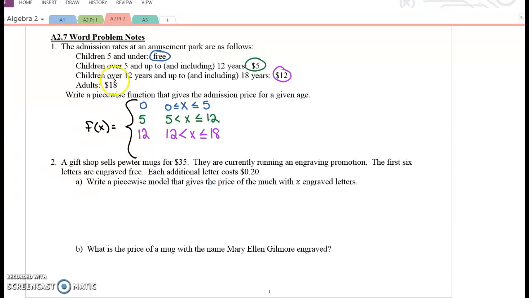And our last value is $18. We pay $18 if we are an adult, which based on the previous information would be over 18. Can we include 18 on the gray line? No, so x needs to be bigger than 18, not including 18.